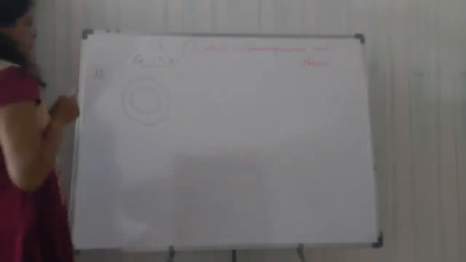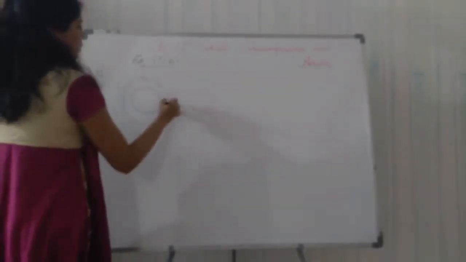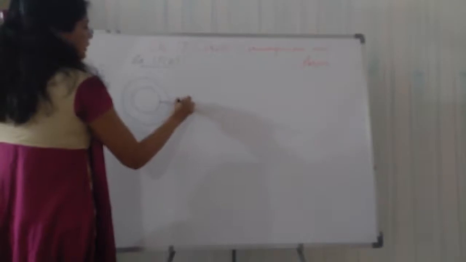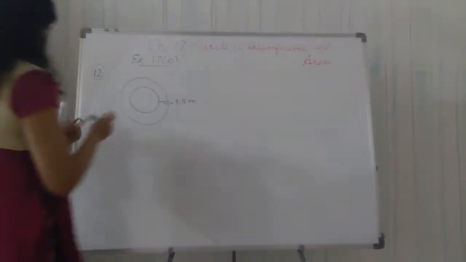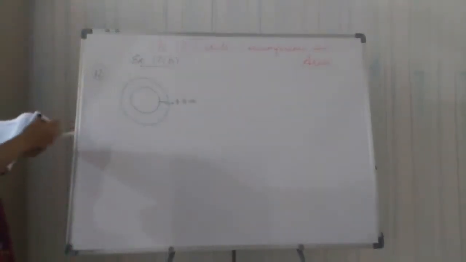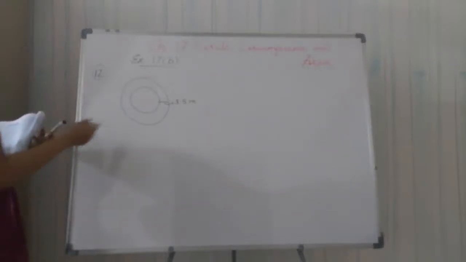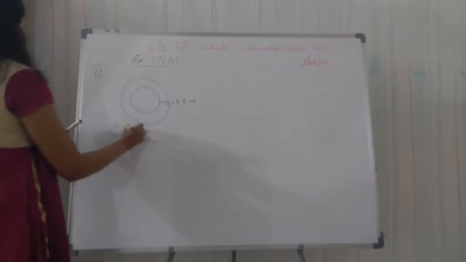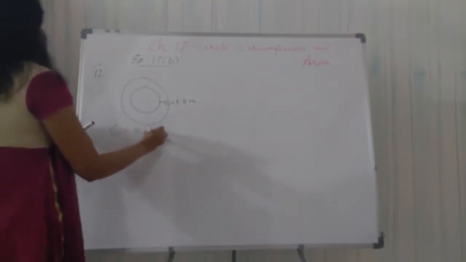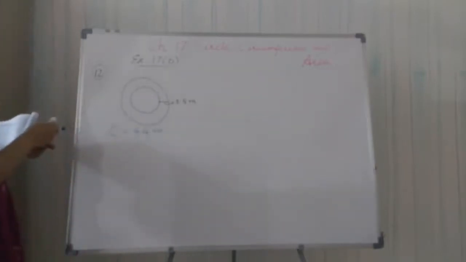Now the width of it is given 3.5 meter. This is given 3.5 meter. Also the circumference of the inner circle, or you can say the plot, is given here 44 meter. So find the cost of paving the road at rupees 10 per meter square.